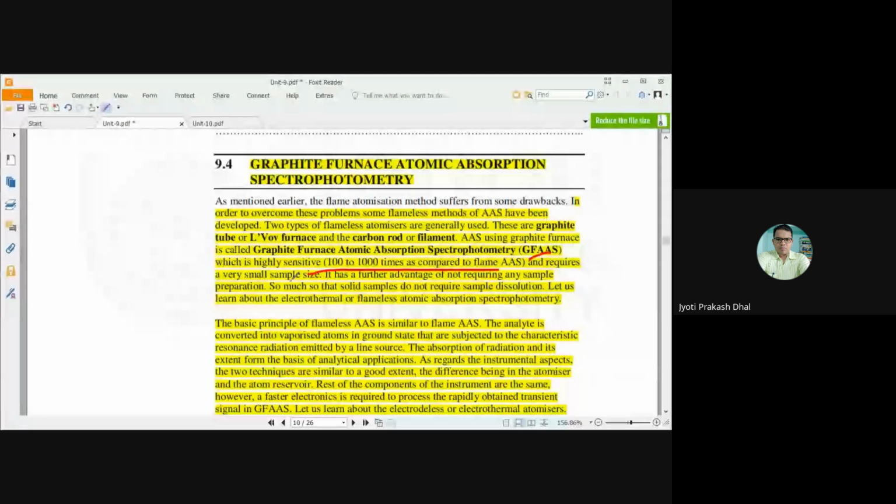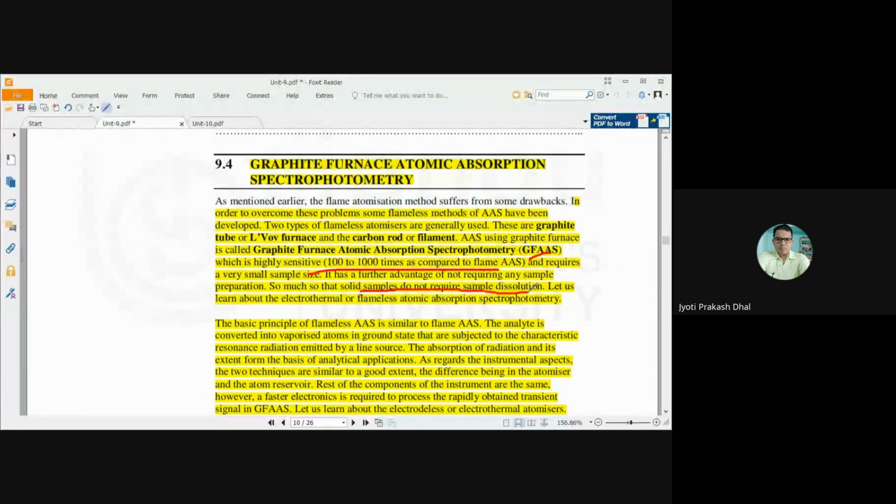A very small sample can be analyzed through GFAAS. It has the further advantage of not requiring any sample preparation. So much so that solid samples do not require sample dissolution here also.